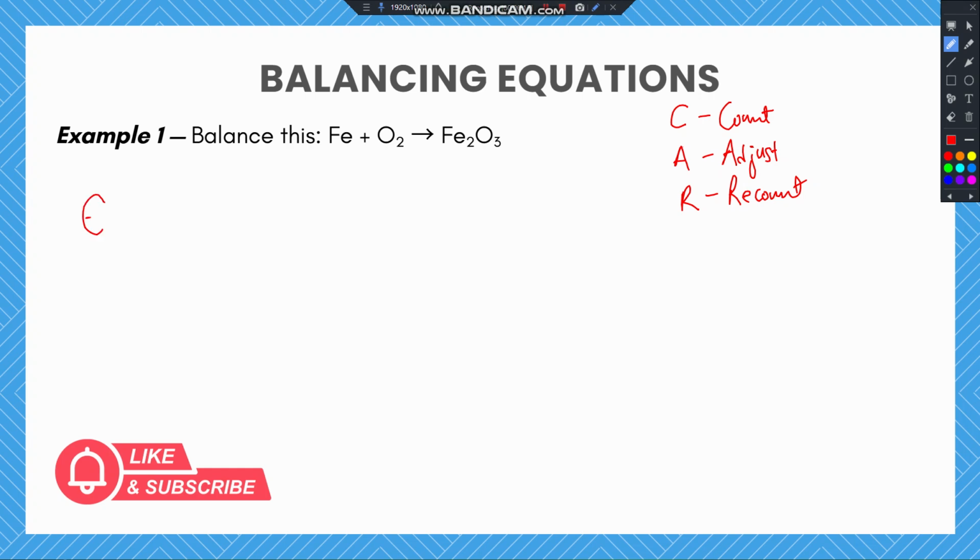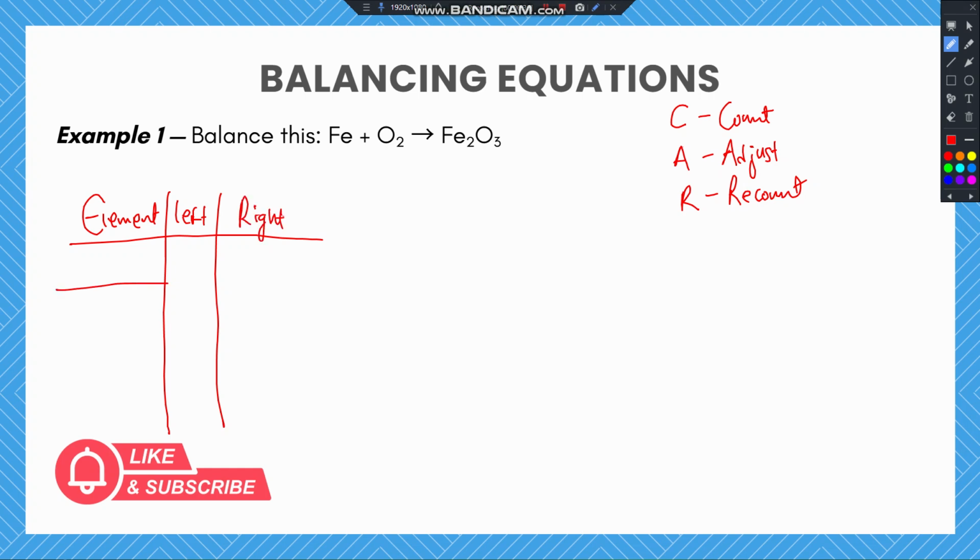So we have one column for the element, we have another column for the left hand side, and the last one for the right hand side. So let's identify the elements that are present. We have iron, Fe. Let's write that down, iron. And then we also have oxygen, O.